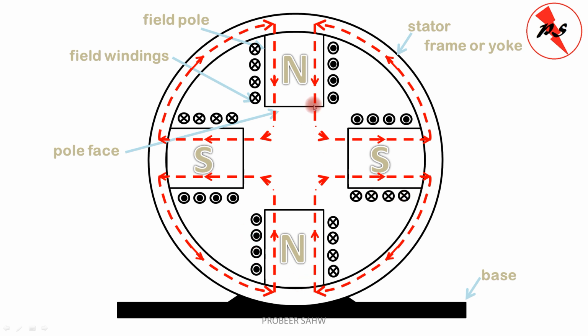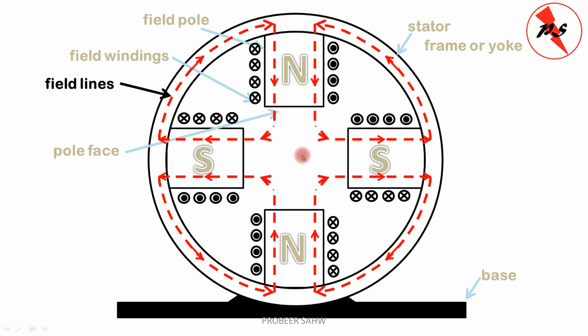You can see most of the time the magnetic field lines are going through ferromagnetic material. This frame or core or these field poles all are made up of ferromagnetic materials. But in this part, it has to travel through the air gap. Okay. Now what we do, we have to keep the rotor within this space so that the air gap between the field poles and the rotor is minimum.